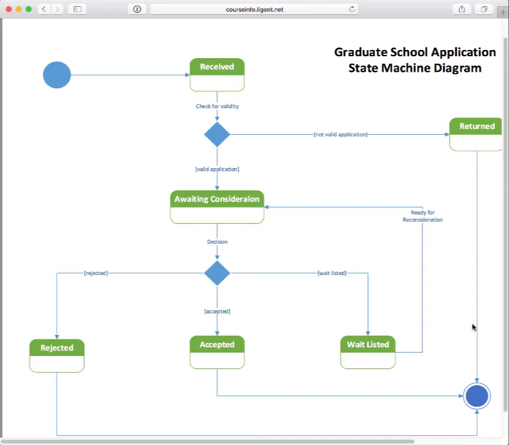Awaiting consideration may just be that we consider something awaiting consideration if it's been received and it hasn't been returned, rejected, accepted, or waitlisted.